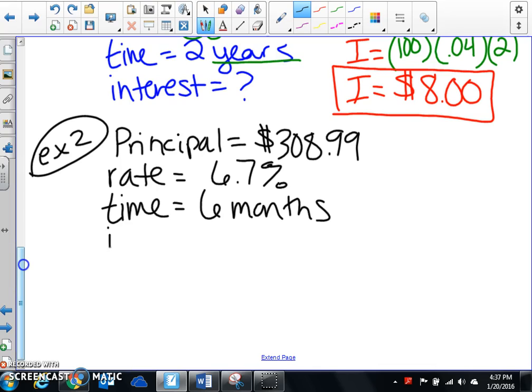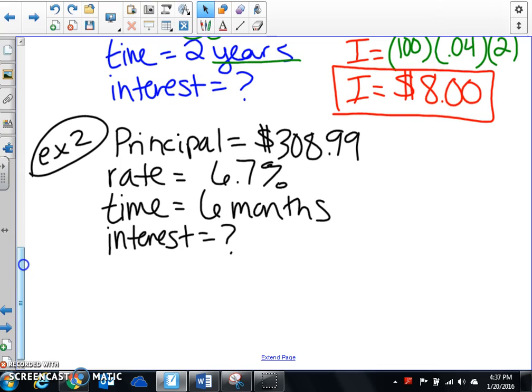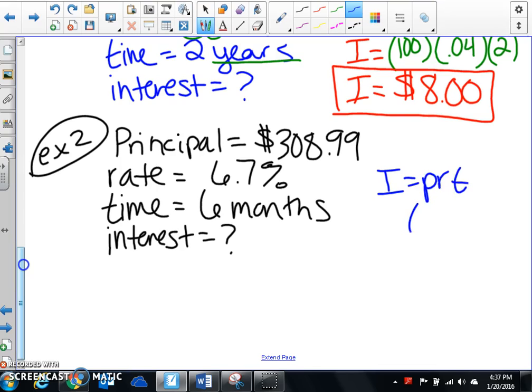And they want to know what the interest is. Alrighty, so I equals PRT. My principal is $308.99. My rate, I have to dip, so that is equal to 0.067.